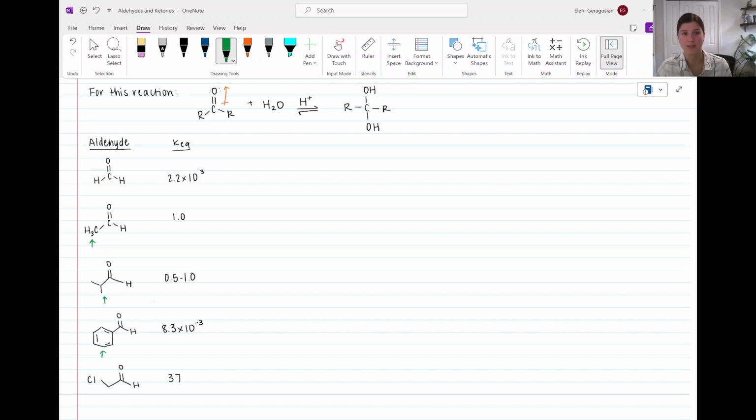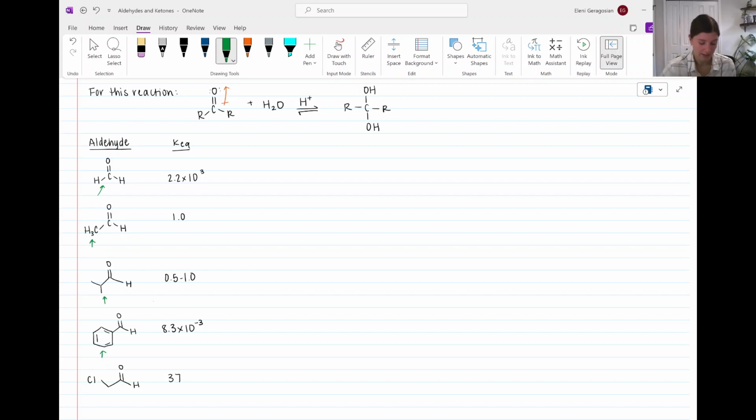Those are on our list for electron donating substituents. If we have an electron donating substituent providing electron density to the carbonyl carbon, now that carbonyl carbon is not quite as electron poor as it might be, for example, in formaldehyde, where there's no electron donating group.